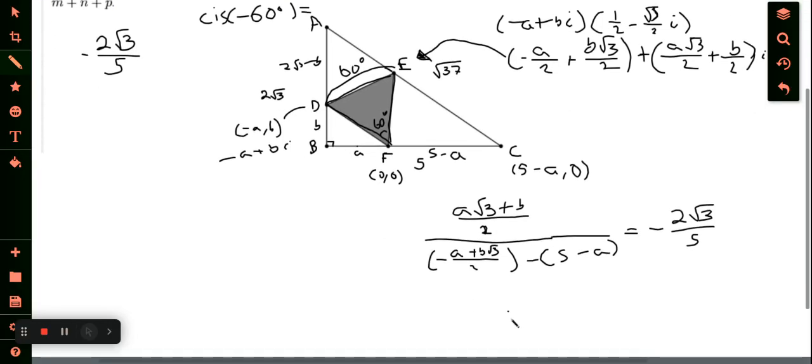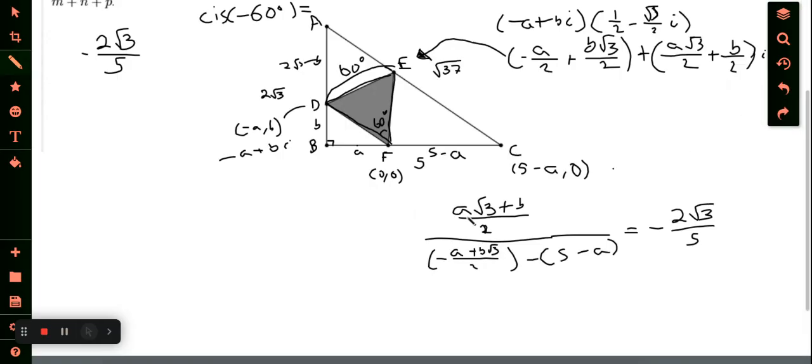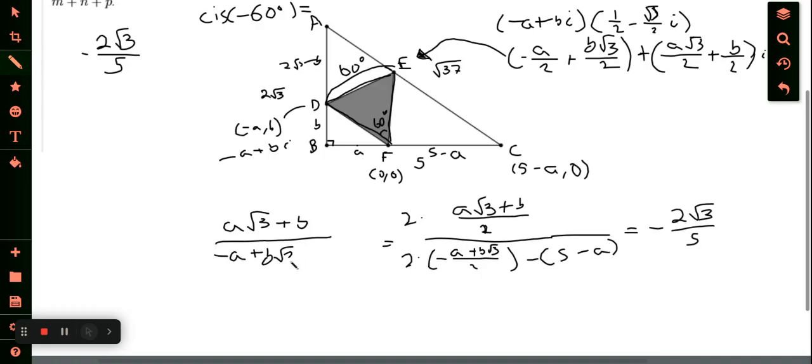We have this fraction. Let's multiply both sides by 2. This will not change the value of the fraction. So this is simply equal to a root 3 plus b divided by negative a plus b root 3 minus 5 plus a. Or actually, we have to multiply everything by 2. That's a really easy way to make a silly mistake, so make sure that you don't do that.